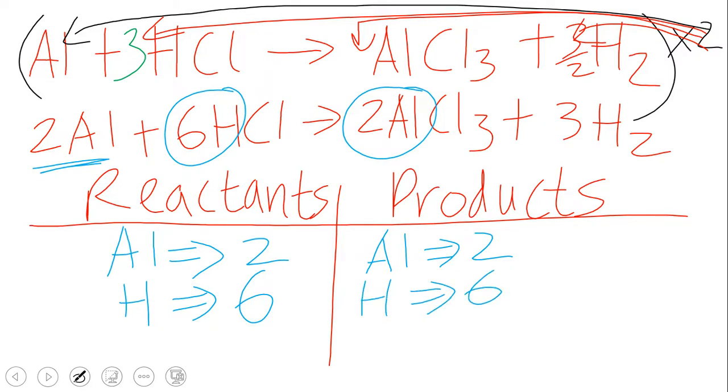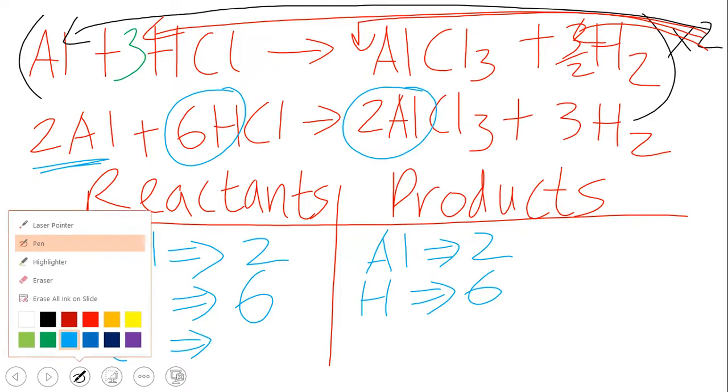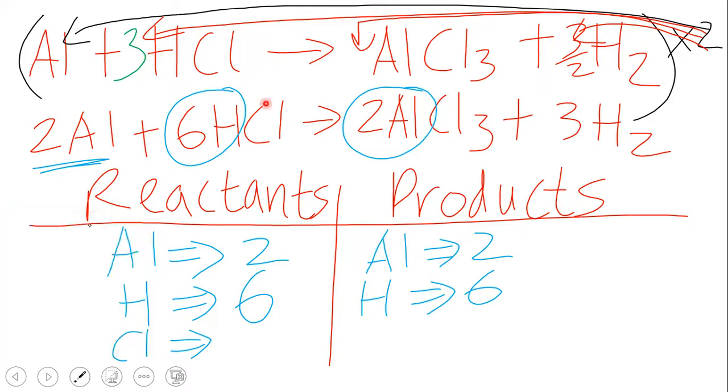Now for chlorine, for Cl rather, this 6 also is referring to this Cl as well. So for Cl, we have 6 here.